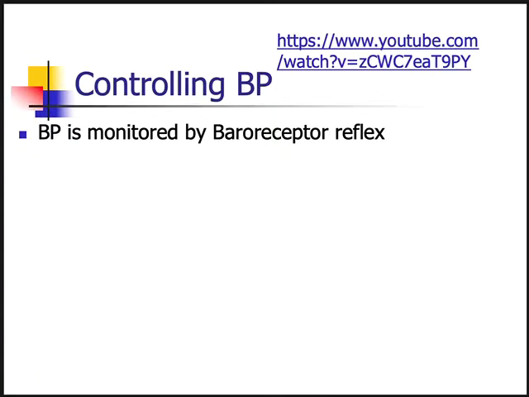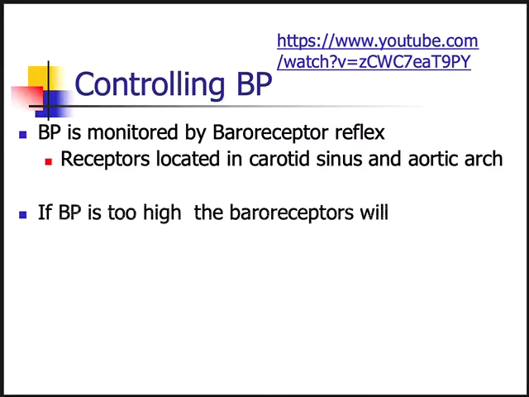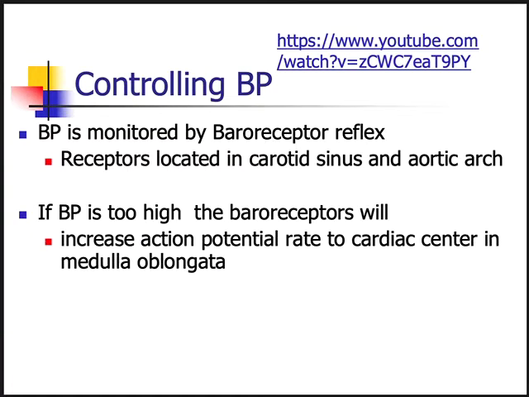Okay, so blood pressure is monitored by baroreceptors. Where are those located? They're located in the carotid sinus and in the aortic arch. If blood pressure gets too high, the baroreceptors will increase the rate of action potentials to the cardiac center located in the medulla oblongata, the brain stem.